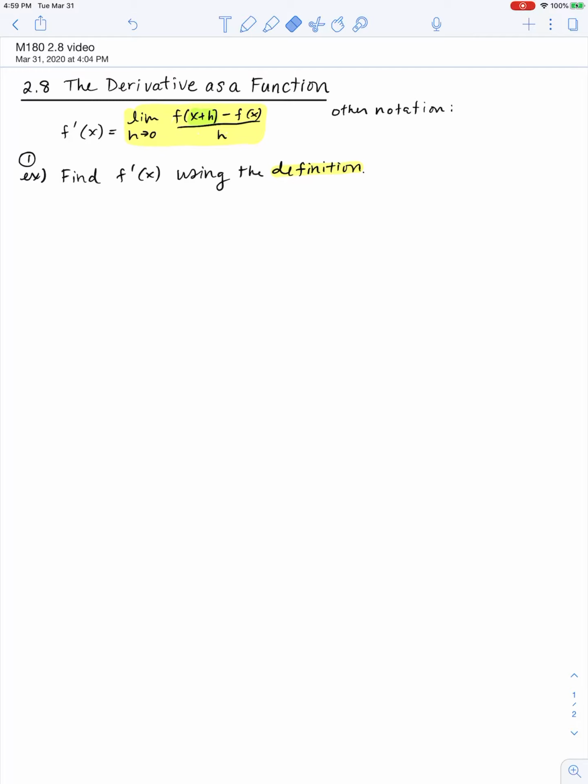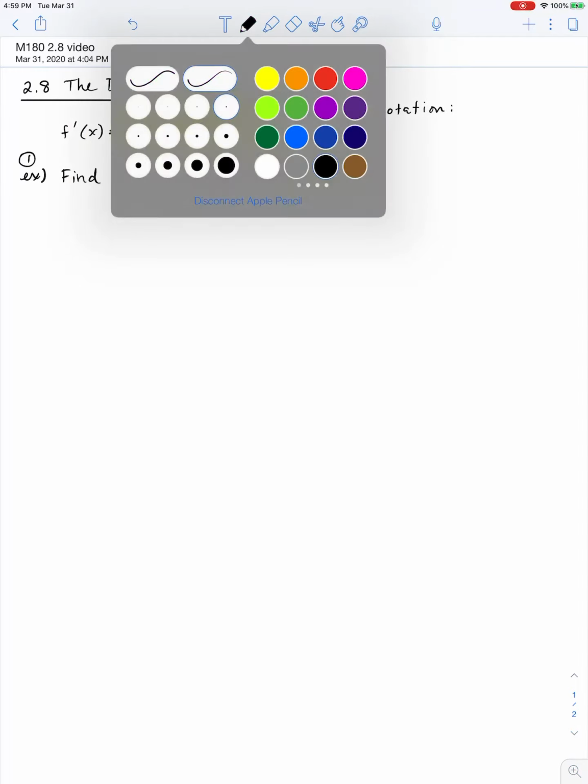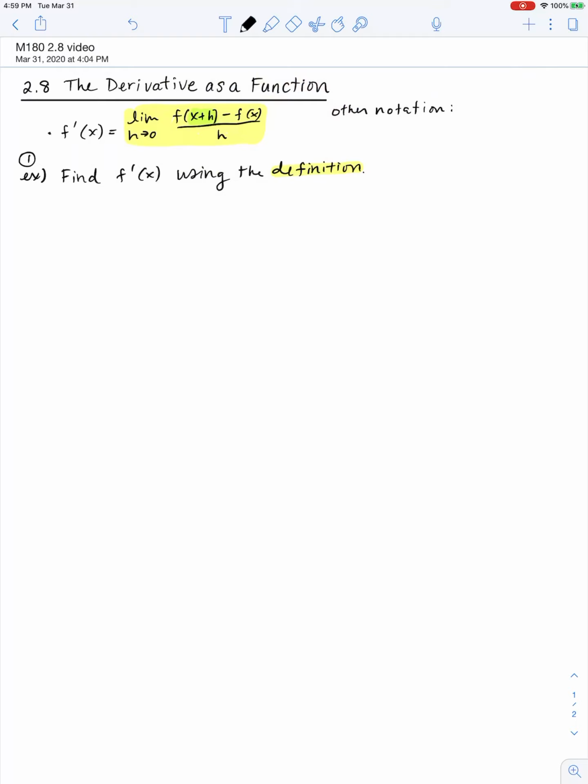Okay, so recall that the derivative is defined here. f prime of x equals the limit as h approaches 0 of f of x plus h minus f of x all over h. Other notation: f prime of x, sometimes we just do y prime for short, or Leibniz notation, dy dx, or sometimes df dx.